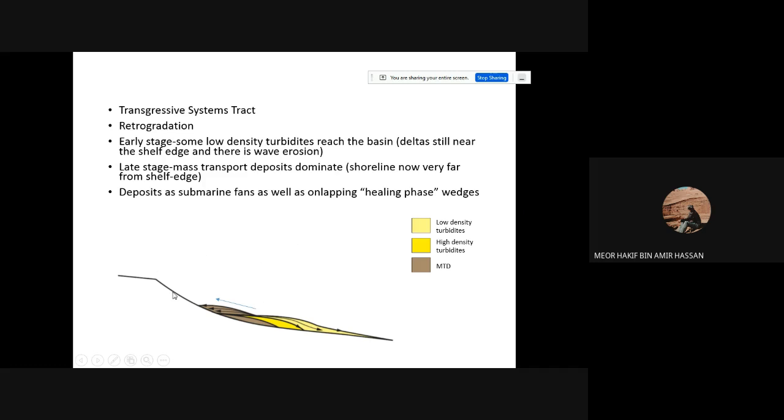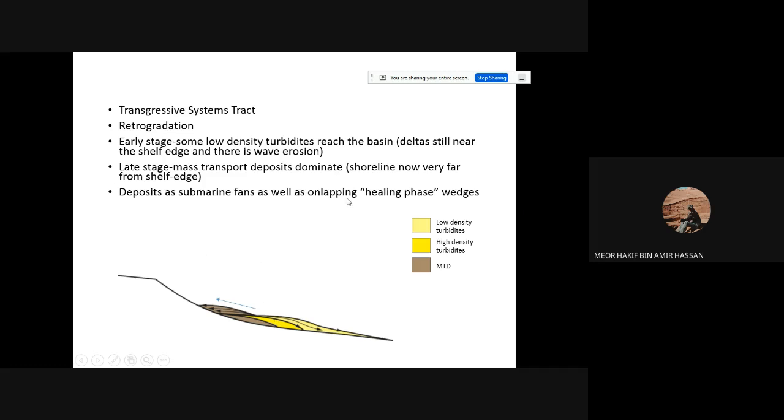But later on, the shoreline will move further and further backwards, because it is retrograding. During the late stage, you have very high sea levels, and this results in the domination of mass transport deposits.